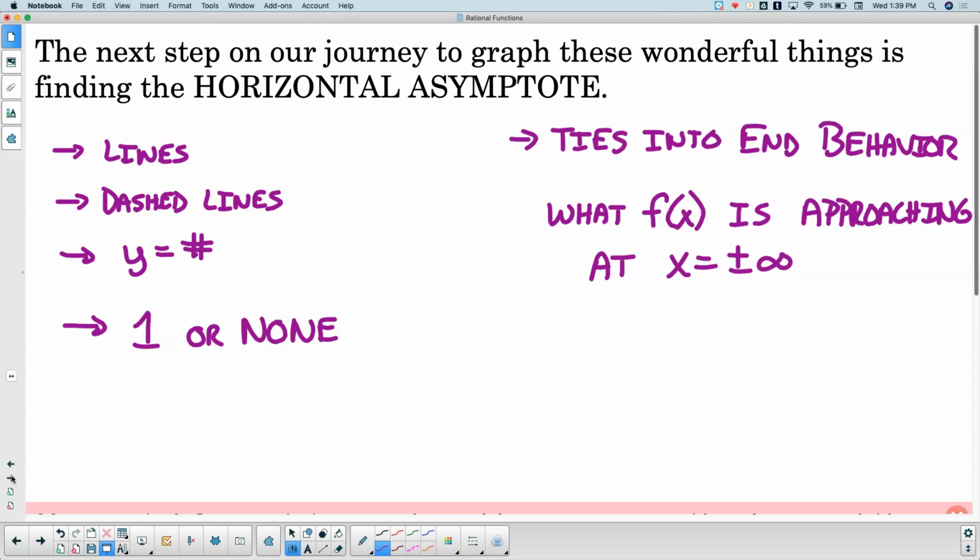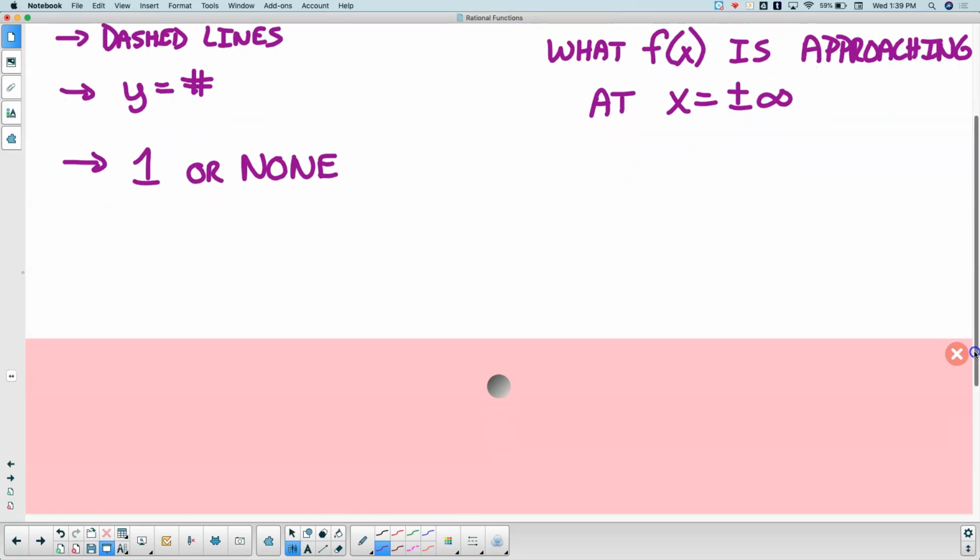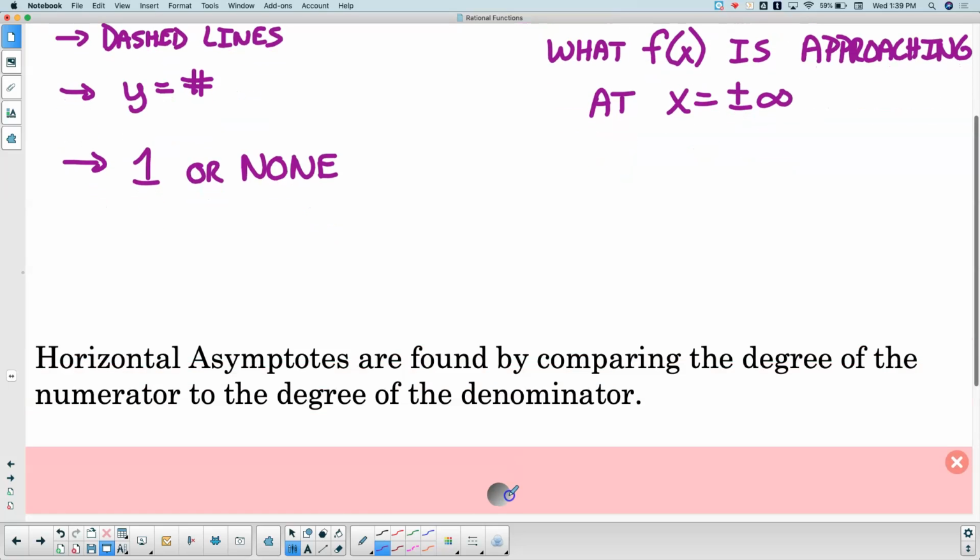So, how we find horizontal asymptotes is we compare the degree of the numerator to the degree of the denominator. What's a degree?